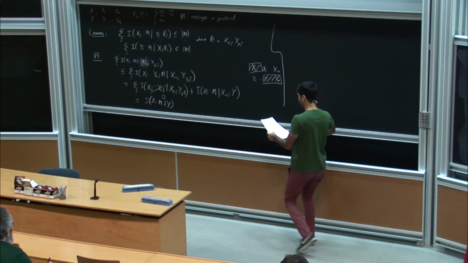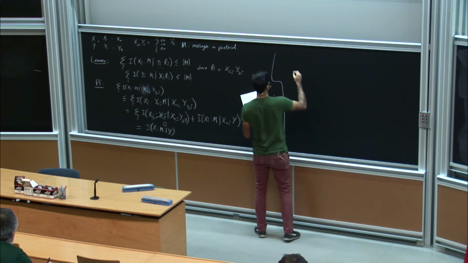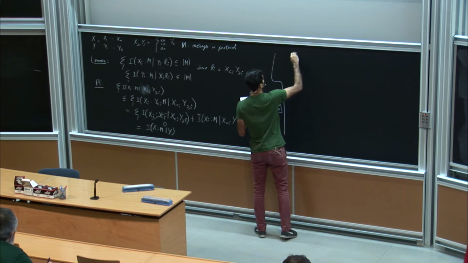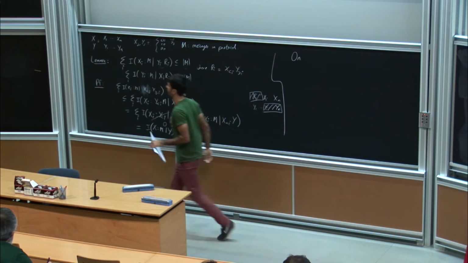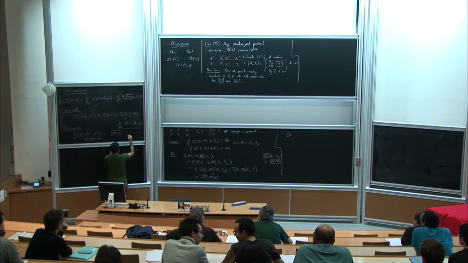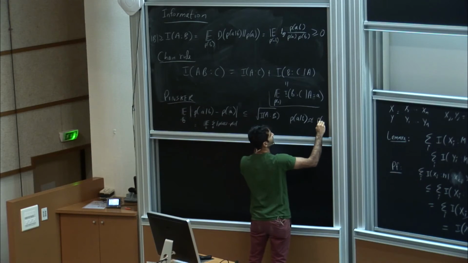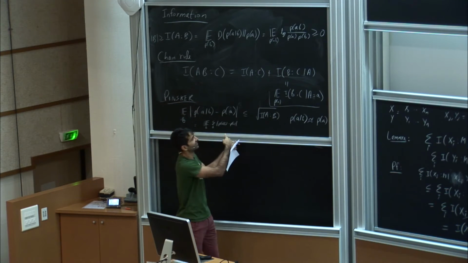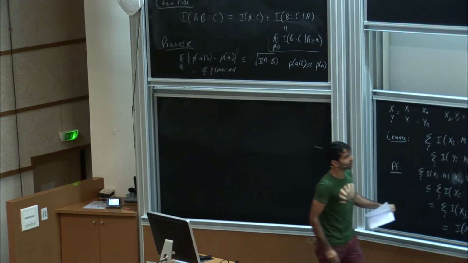So I'm going to use a shorthand: I'll write P(A|B) is close to P(A) like this to denote that they're close in L1 distance. That'll make my life a lot simpler.